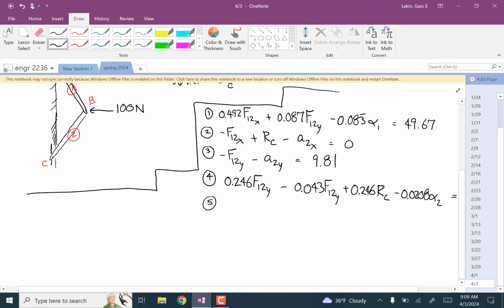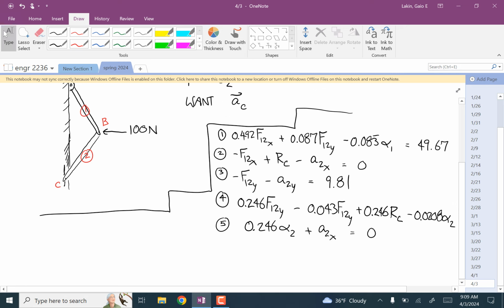And then the last one that we've already found is the constraint equation for the pin and slot. So we're going to calculate the acceleration vector of the point C, and then we set the x component equal to 0. And that's the fifth equation, 0.246 alpha 2 plus A2x is equal to 0.